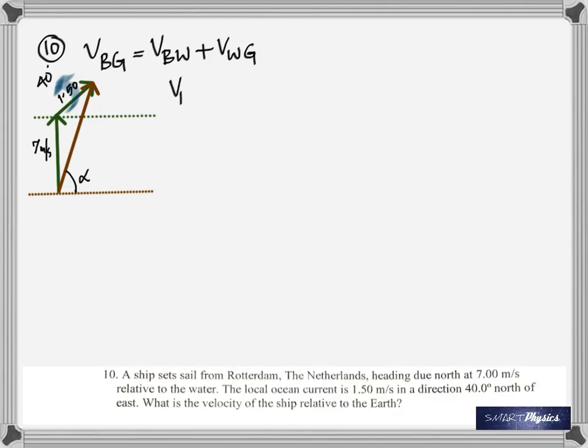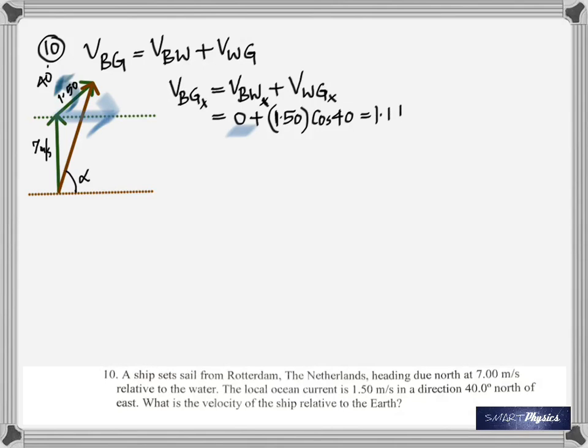Seven and 1.5. And now you break it up into velocity of the boat with respect to the ground. We're taking the x components now. And remember that on this test, you do not worry too much about these problems.